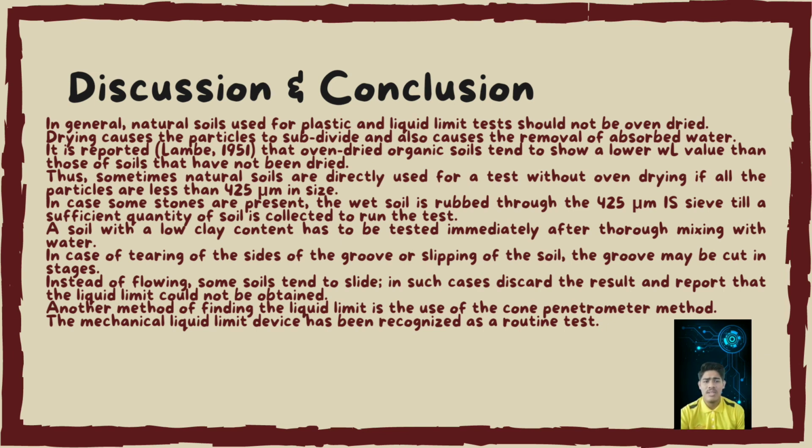A soil with a low clay content has to be tested immediately after thorough mixing with water. In case of tearing of the soil in the groove or slipping of the soil, the groove may be cut in stages. Instead of flowing, some soils tend to slide. In such case, discard the result and report that the liquid limit could not be obtained.